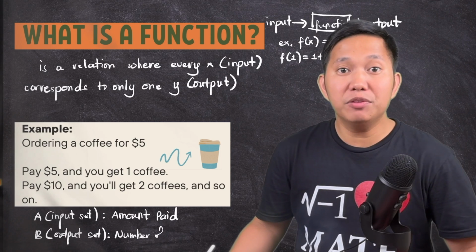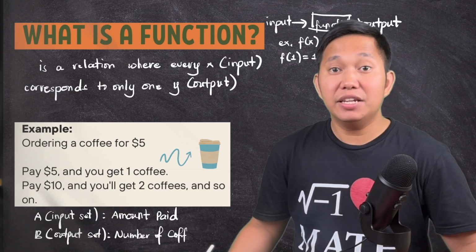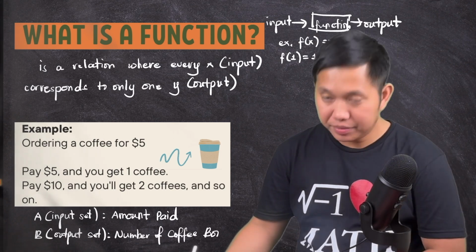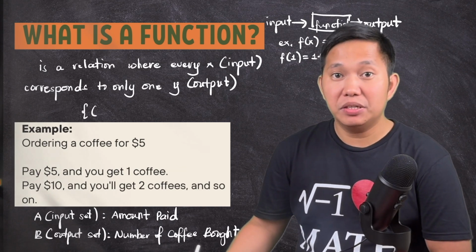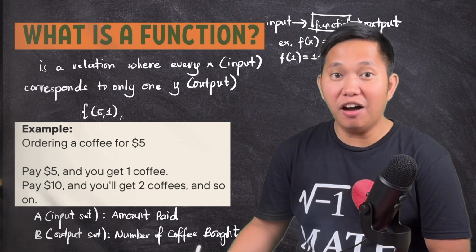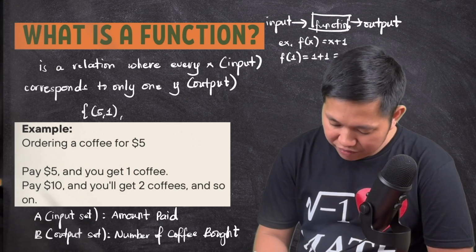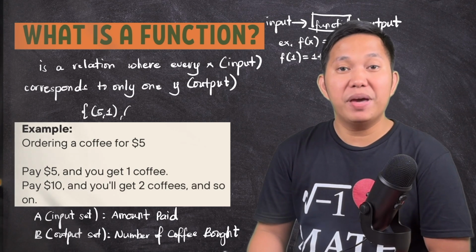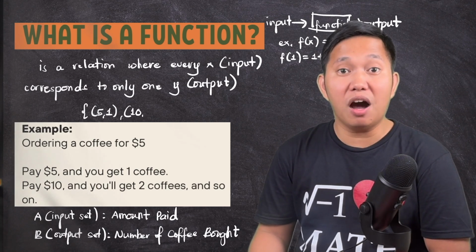To describe the relationship of these sets, let us write this as an ordered pair. If you input or pay $5, the output you get is 1 coffee. So 5, 1. If you pay $10, you will get 2 coffees.